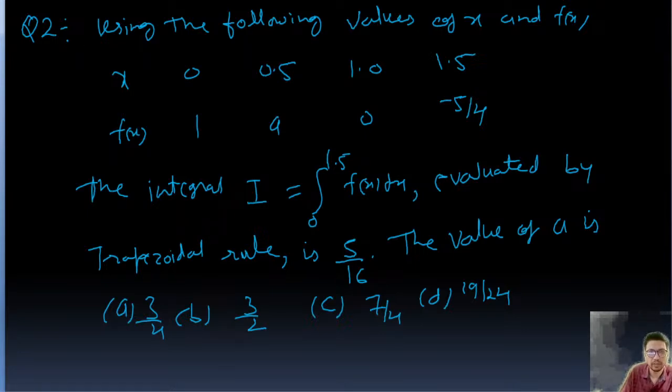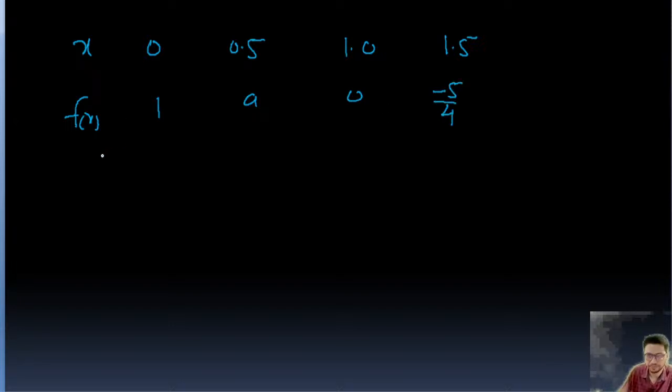So we have been given x and f(x) values, right? X is given: 0, 0.5, 1.0 and 1.5. And the f(x) values are given: 1, a, 0, minus 5/4. We know that this is x0, x1, x2 and x3, and these are y0, y1, y2, y3.